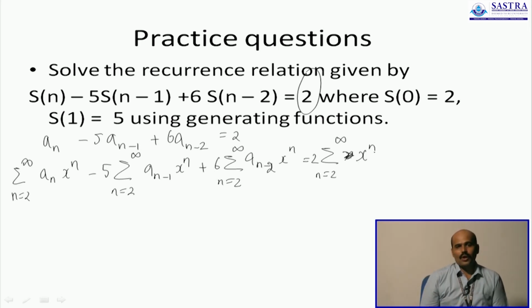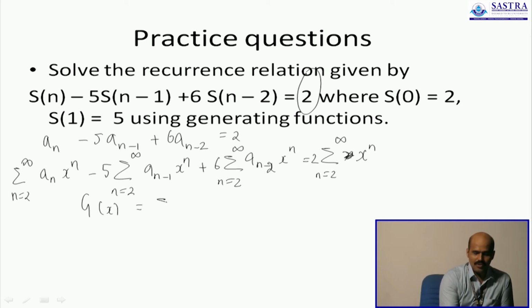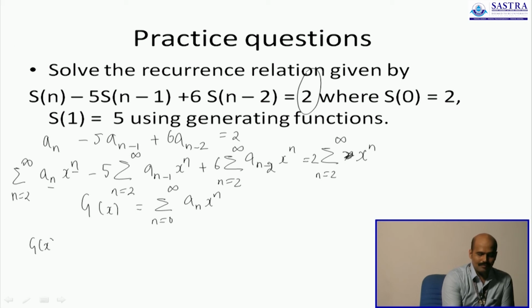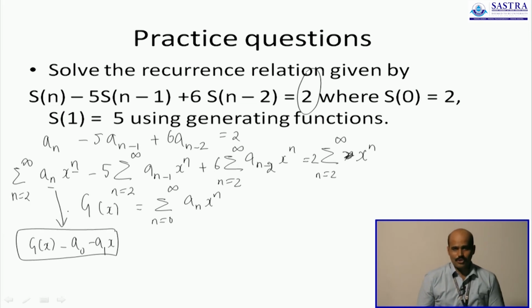So like we saw in the previous problem, we can simplify each of these summations in terms of our generating function g of x, which is the summation n is equal to 0 to infinity a n x power n. The first summation, since it starts from a 2 x power 2, we will have to remove the first 2 terms. So the first one is g of x minus a naught minus a1 x, this is your first summation. I will substitute the values shortly.